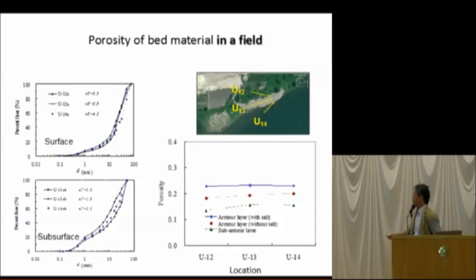You can see that if we use the salt, the porosity is a little bit higher. But anyway, the porosity of the armor layer is around 0.2 or 0.3 or 0.23 or something. Under the armor layer, the porosity is much smaller than the surface armor layer, around 0.15 or something like this. This is the result of the field measurement.